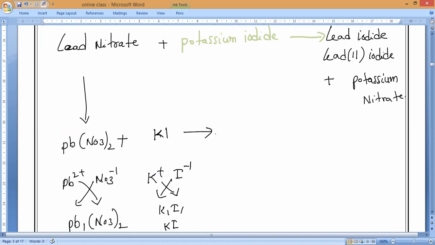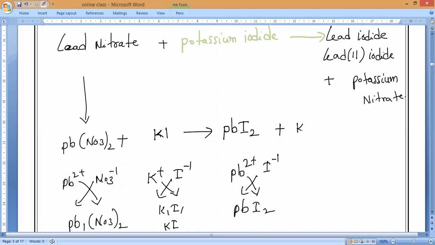Next, it will give you lead iodide, PbI2. Why I2? Pb is 2 plus, iodide is minus, so crisscross to get PbI2. Clear?